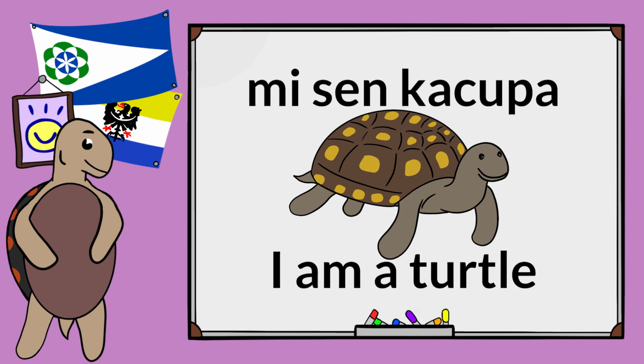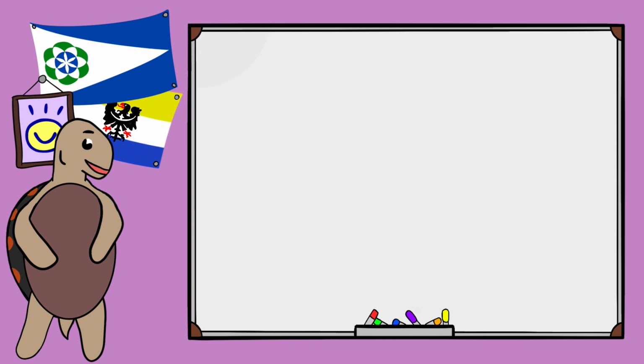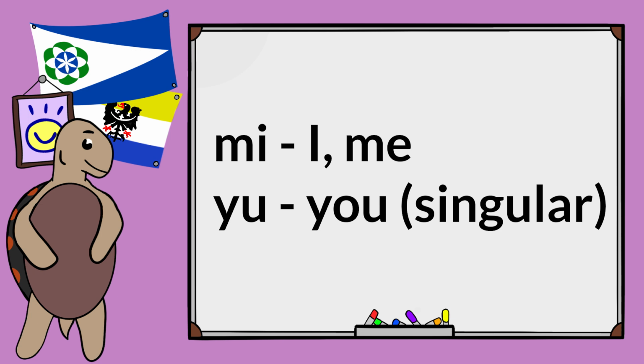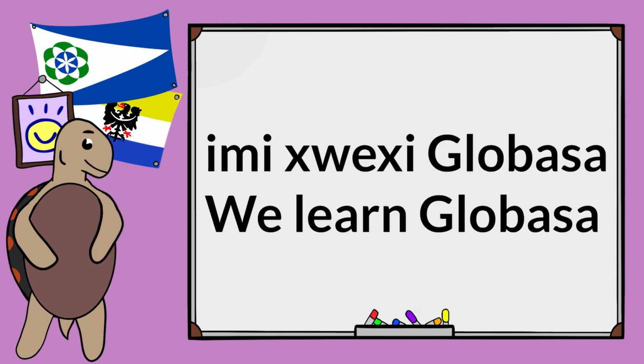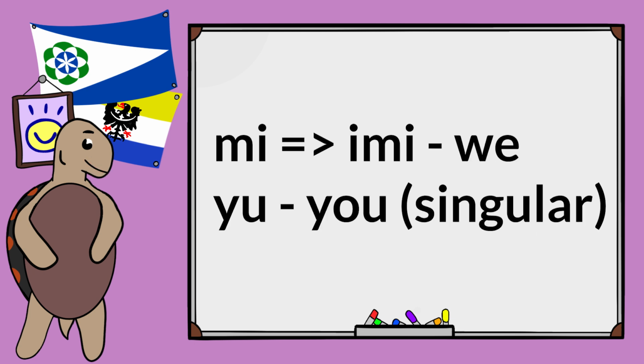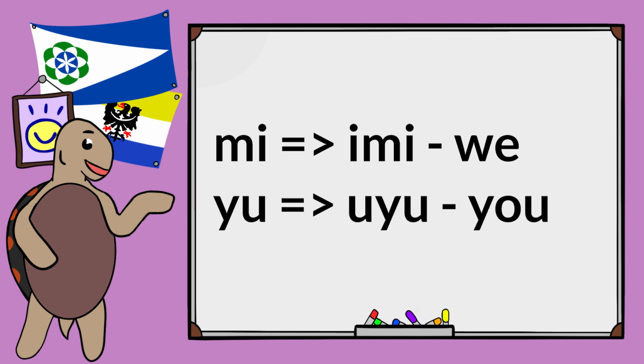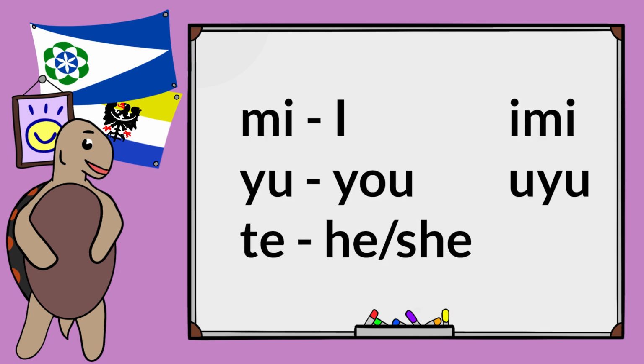First we need to learn some pronouns. We already know me and you, and we is imi. Imi shweshi globasa. We learn globasa. Well, if me is I, and we is imi, you is singular you, and you is plural you, then let's take te, it means he, she.